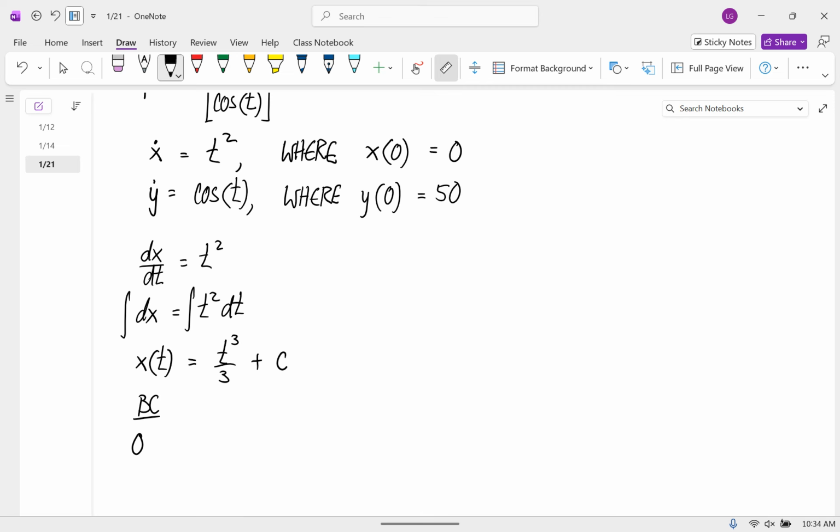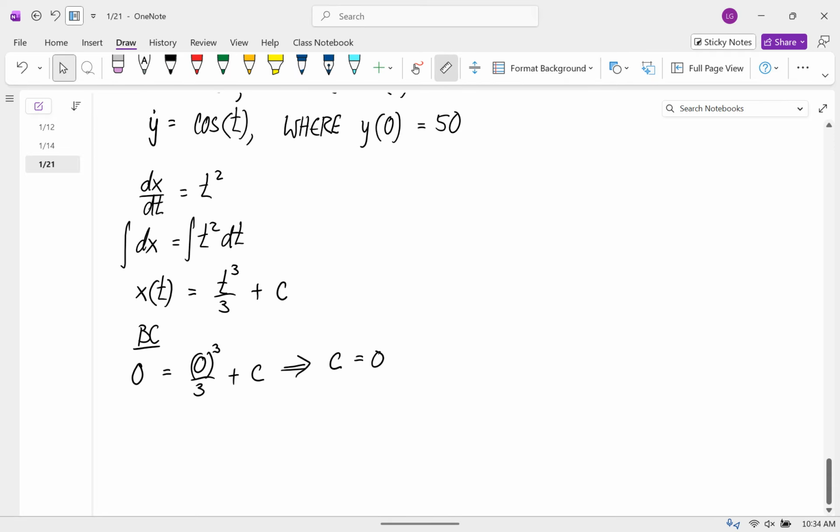So set x equal to 0, set t equal to 0. And so this c comes out to be 0. And so update our function, and you get that x of t is equal to t cubed over 3 plus c, which is now 0. So this is it.